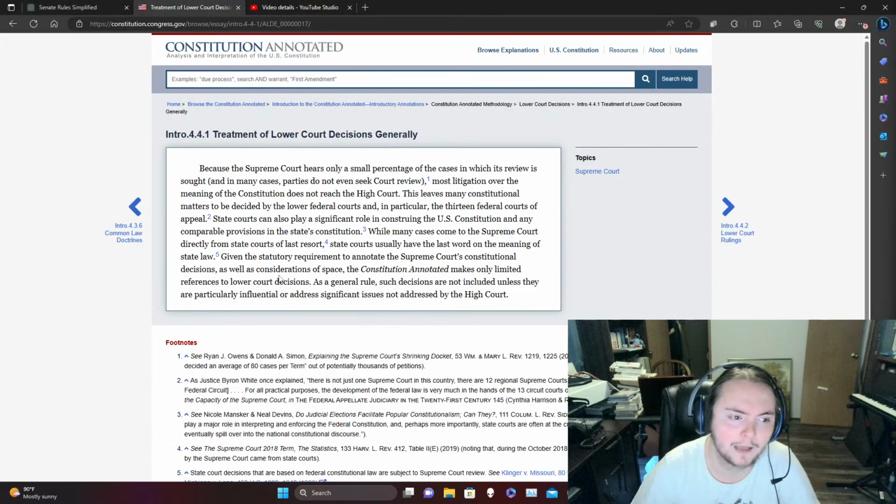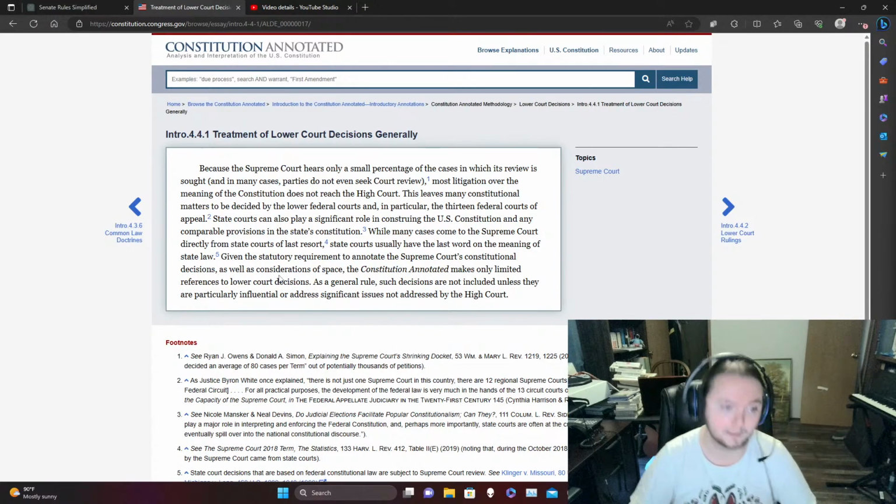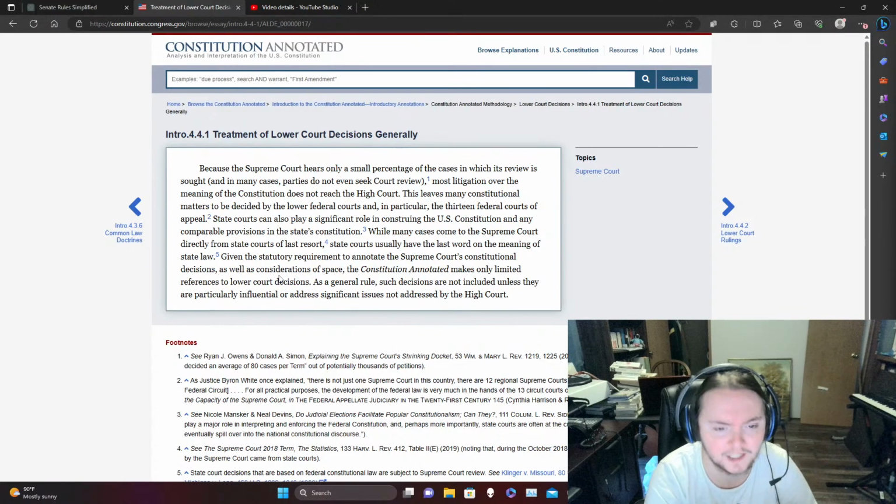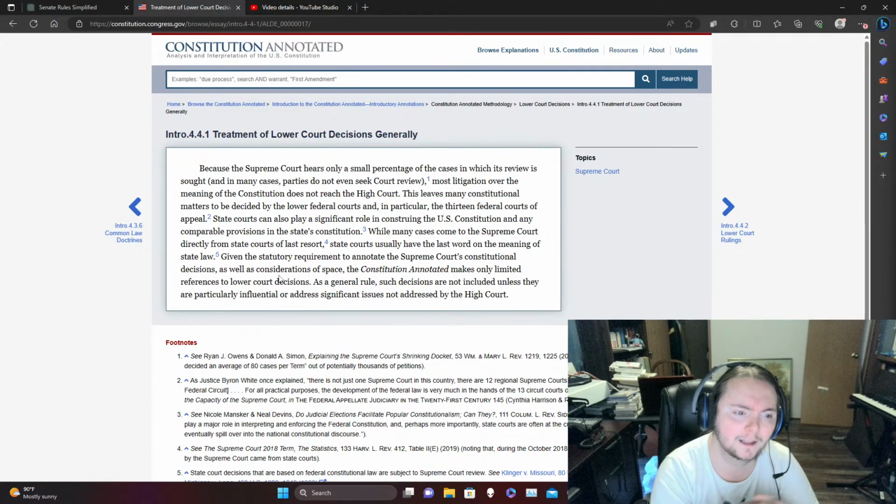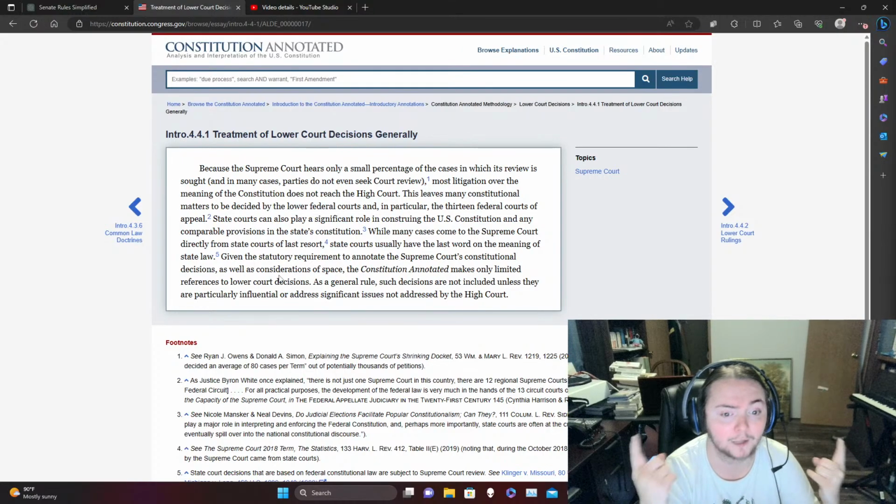So now we have Intro 4.4.1, Treatment of Lower Court Decisions Generally. Because the Supreme Court hears only a small percentage of the cases in which its review is sought, and in many cases parties do not seek court review, most litigation over the meaning of the Constitution does not reach the High Court.